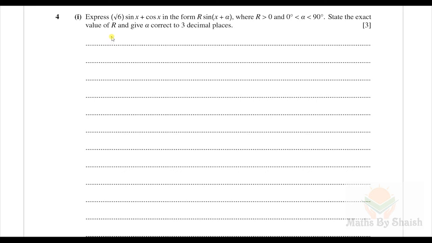I'll rewrite it as root 6 sin x plus 1 cos x and equate it with r times, since it is sine, sin x is already there, so r cos alpha sin x plus r sin alpha cos x, so that it becomes r sin(alpha plus x), or x plus alpha, both are the same.